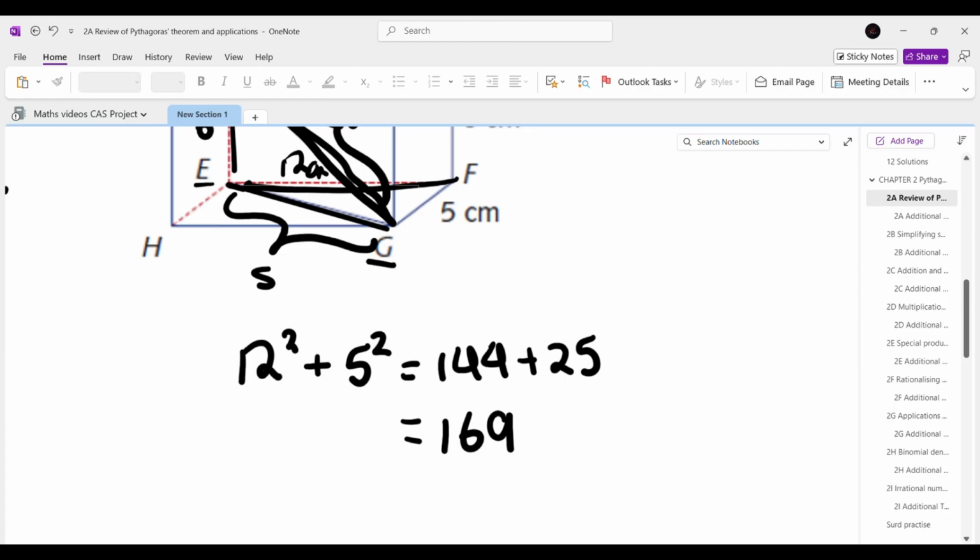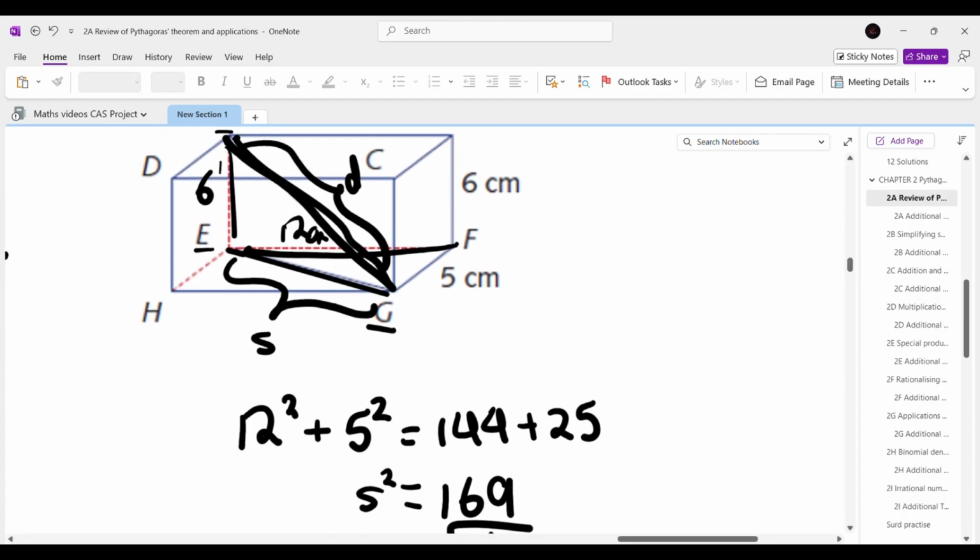In most cases, if it doesn't simplify to a rational number, you can just leave it as a root in order to use it for the next step. But here it does simplify, so I might as well just do it. So S equals root 169, which simplifies to 13 centimeters.